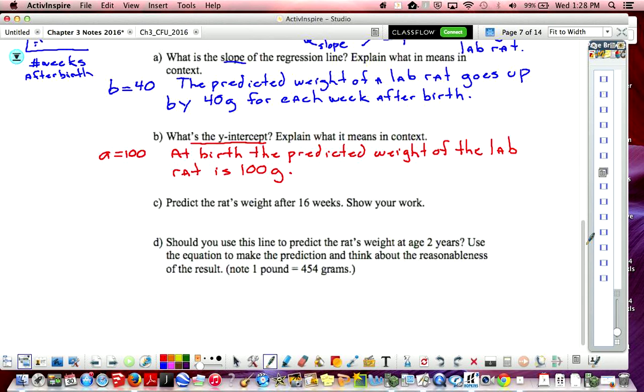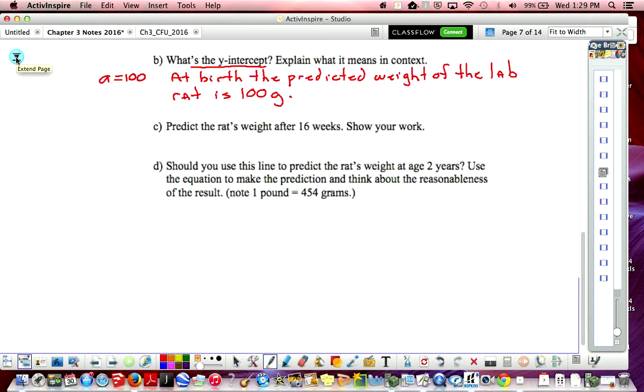All right, so now C says, predict the rat's weight after 16 weeks. So it says predict the rat's weight. What variable is that? Of my two variables, is that x or y? That's the y hat. Because it says predict, so put that little hat symbol above the y.